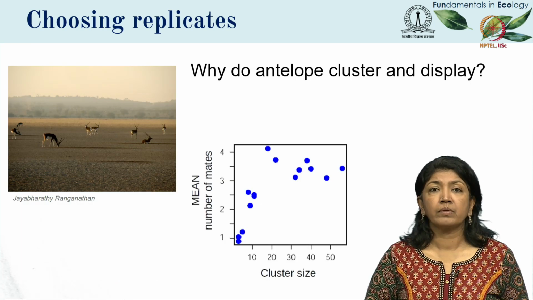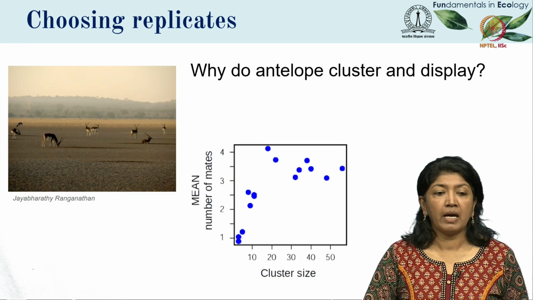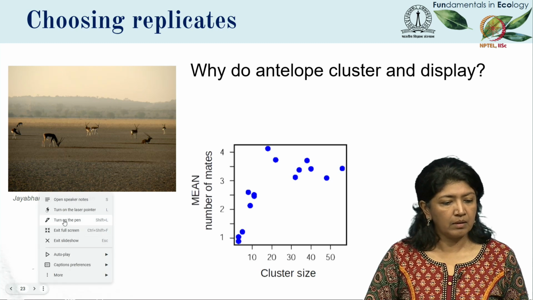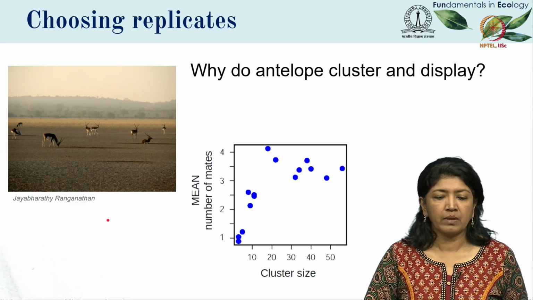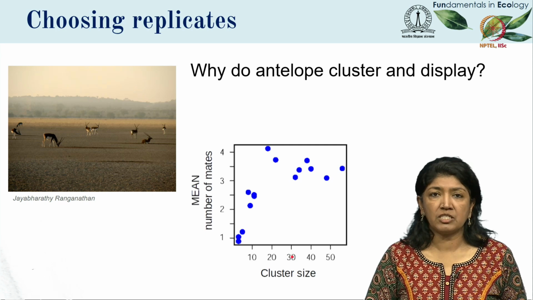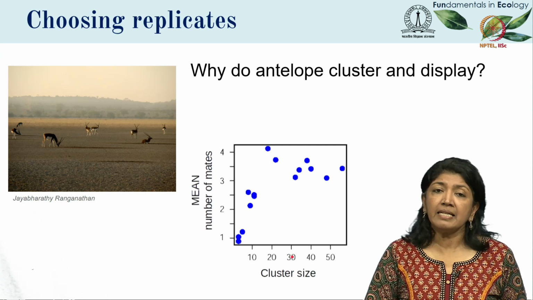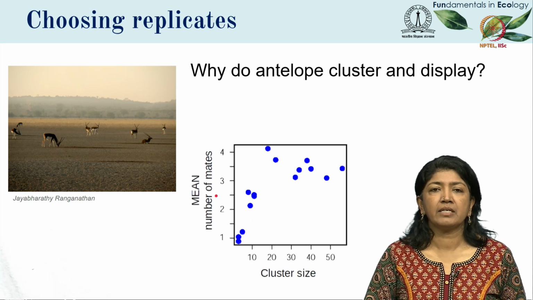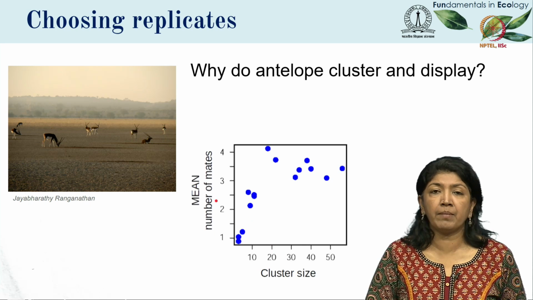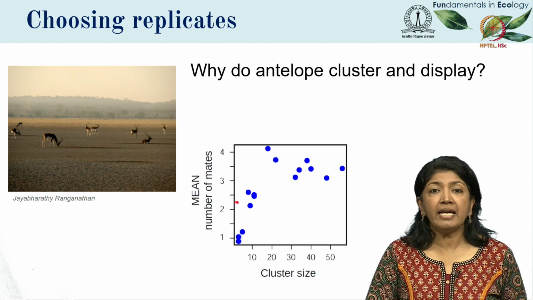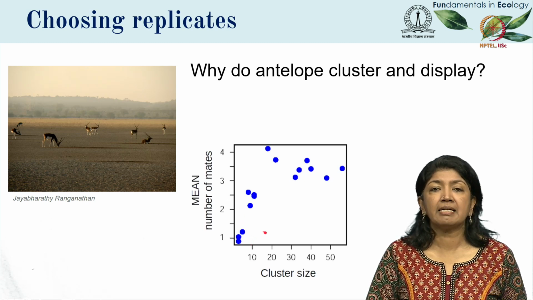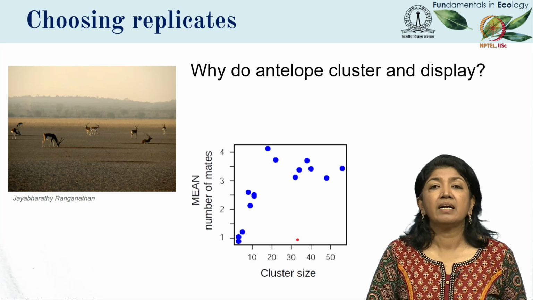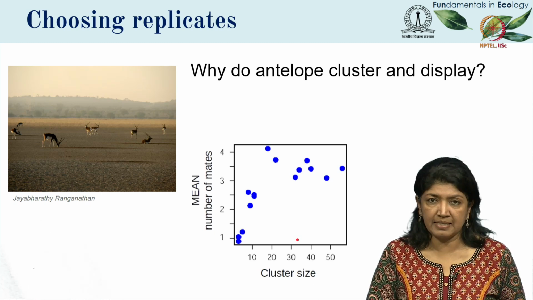Well, no, I do not, and the reason for that is because when we look at our question, we are testing the prediction that male mating success, here shown on the y-axis as the mean number of mates, varies across clusters of different sizes, that is clusters with different numbers of males.